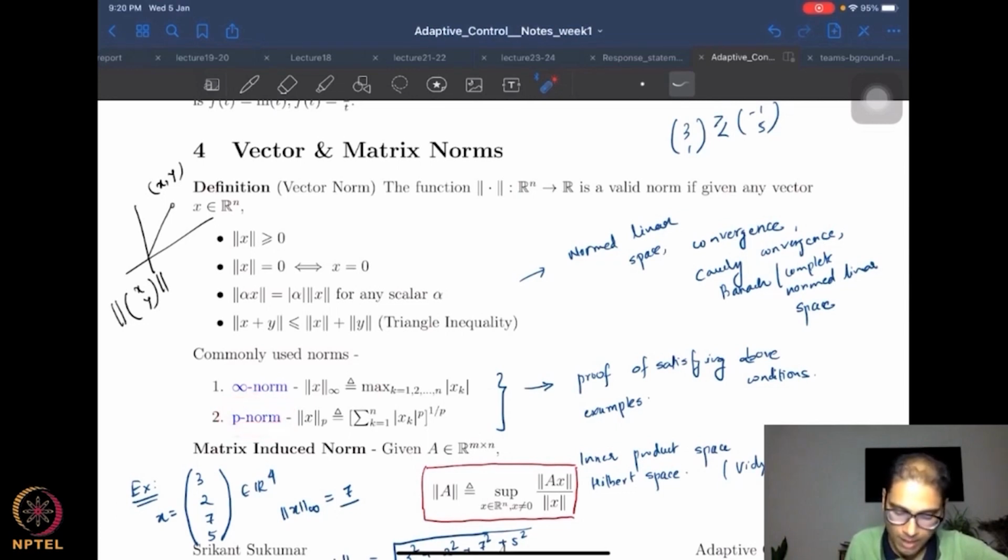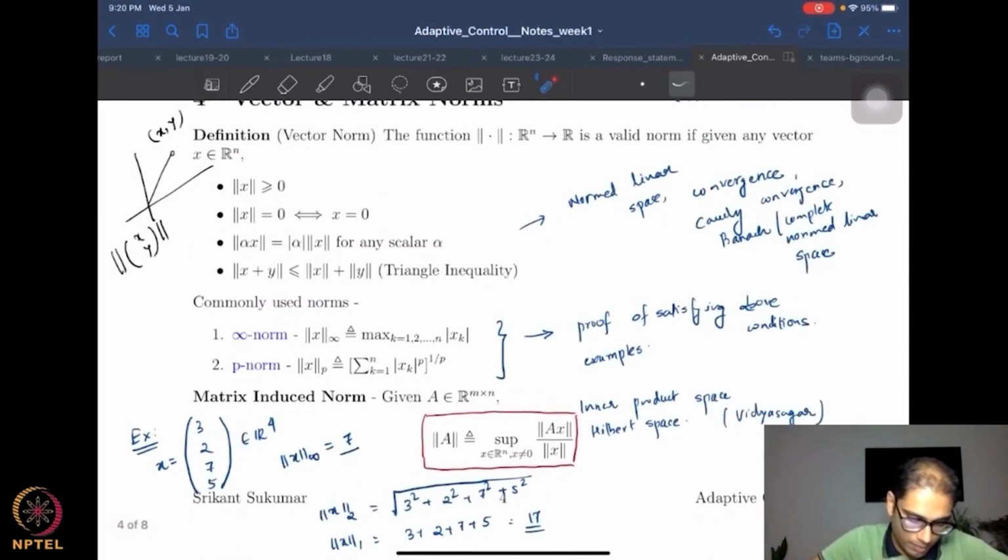The p norm is simply taking the absolute value to the power p of each component, summing them up, and then taking the pth root. So that is the p norm. Now I'm going to go forward and then back again. These are rather important notions, and rather important norms.